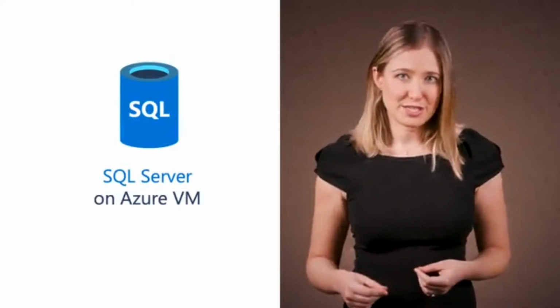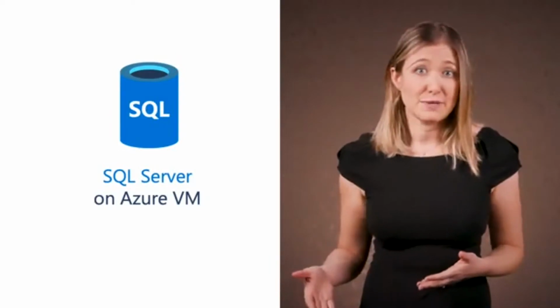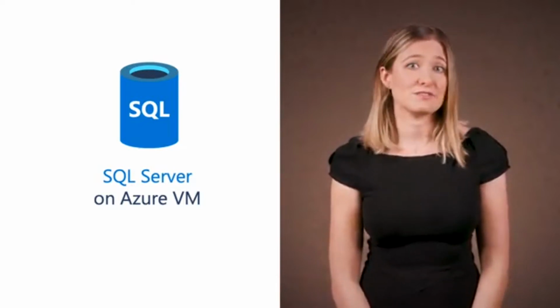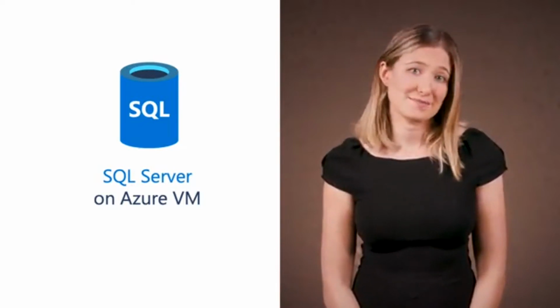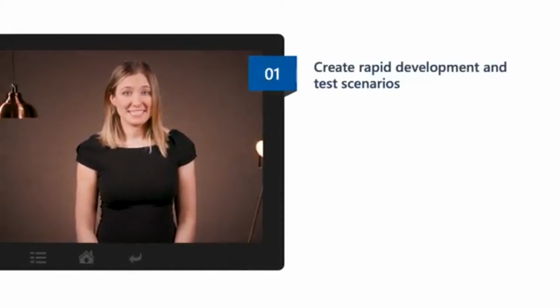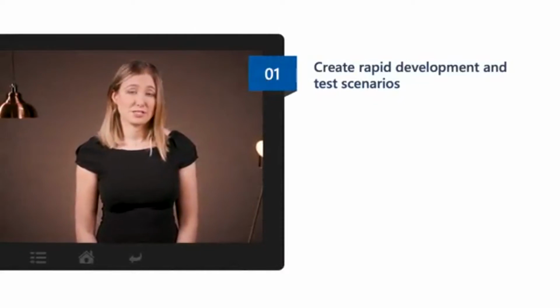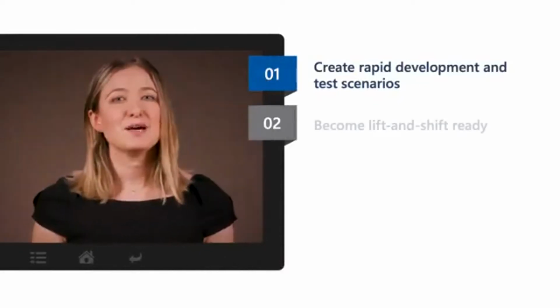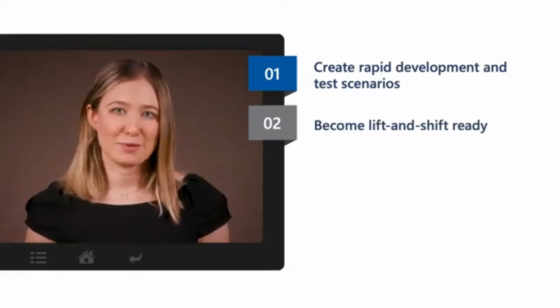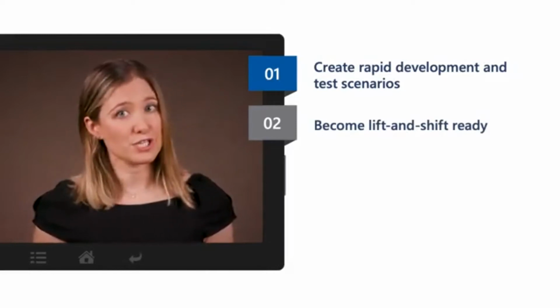With a virtual machine, you have full control of and administrative rights over the DBMS and operating system. It's a perfect choice when your organization already has IT resources available to maintain the virtual machines. These capabilities enable you to create rapid development and test scenarios when you do not want to buy on-premises non-production SQL Server hardware. Become lift and shift ready for existing applications that require fast migration to the cloud with minimal changes or no changes.